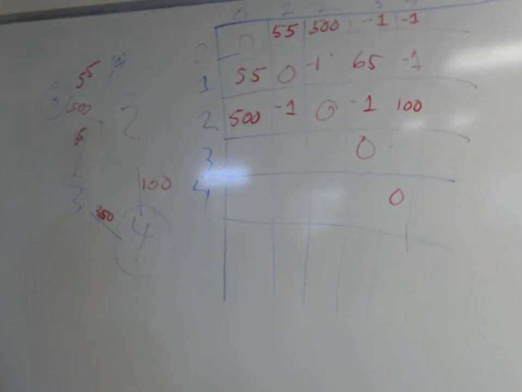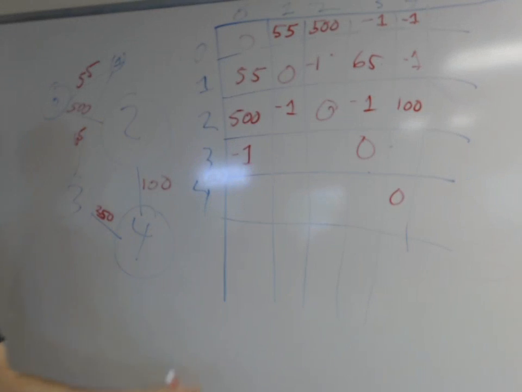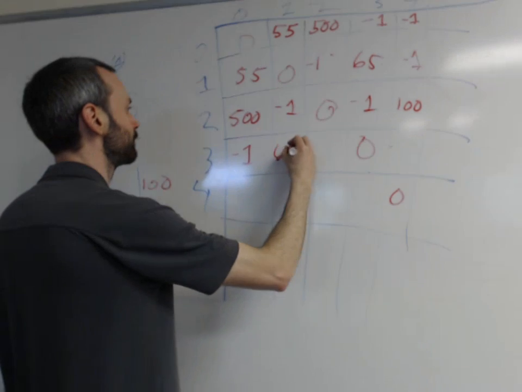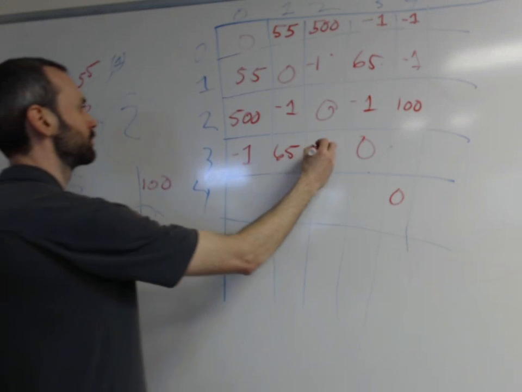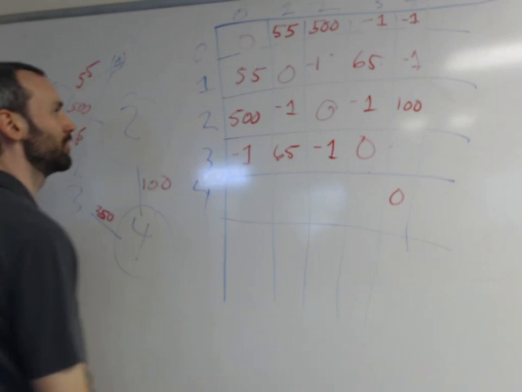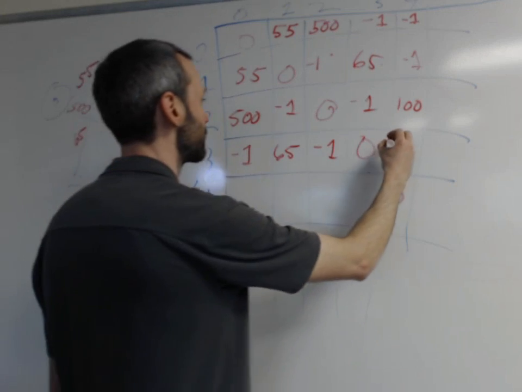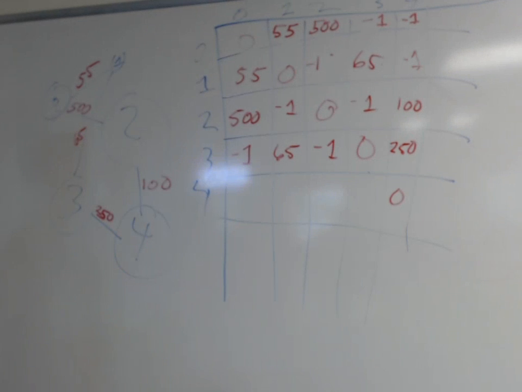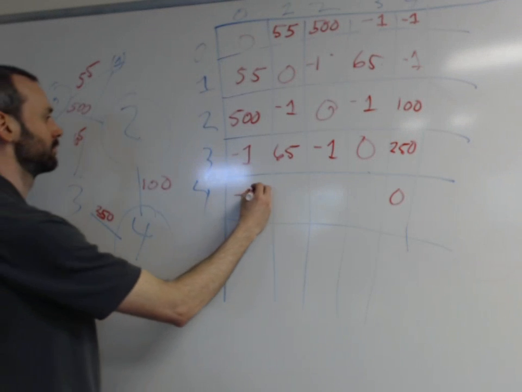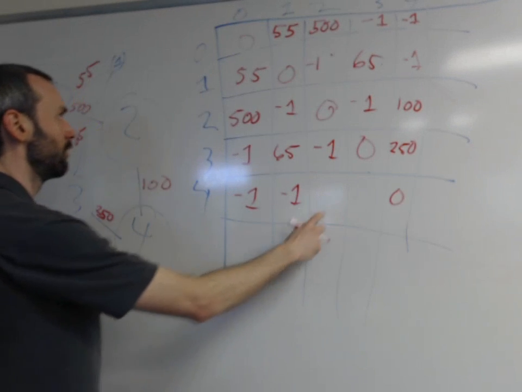All right. 3 to 0. -1. 3 to 1. 65. 3 to 2. -1. 3 to 4. 250, yes. 4 to 0. -1. 4 to 1. -1. 4 to 2. 150.